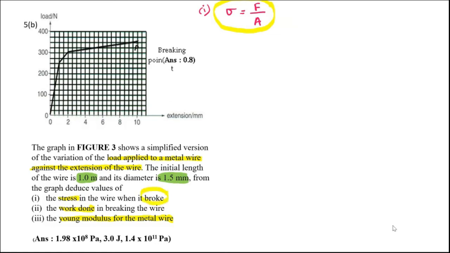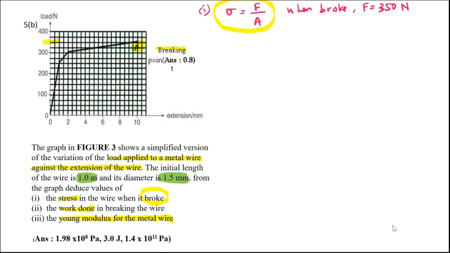Point P is actually the breaking point. So the force that we need to refer to is the force here. The force at the breaking point is, sorry, 350 Newton. This one is 350 Newton.